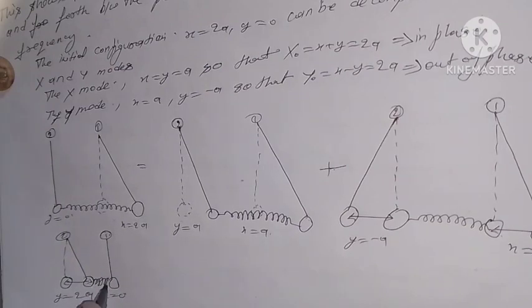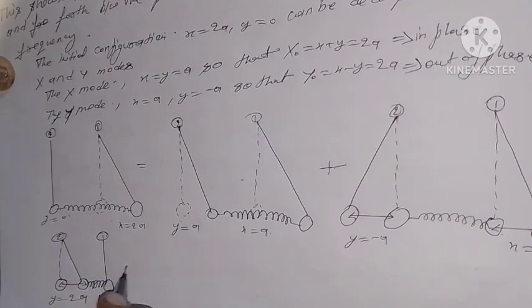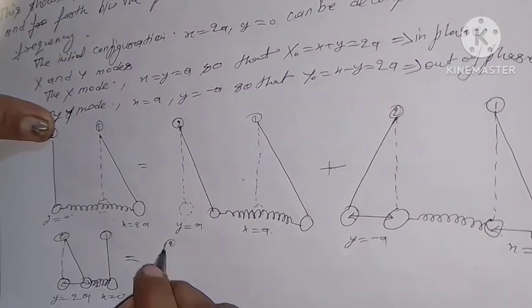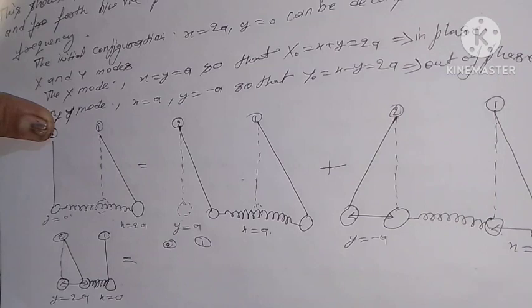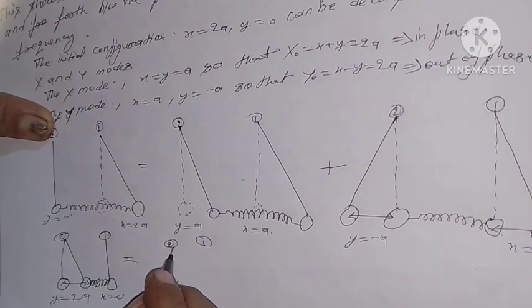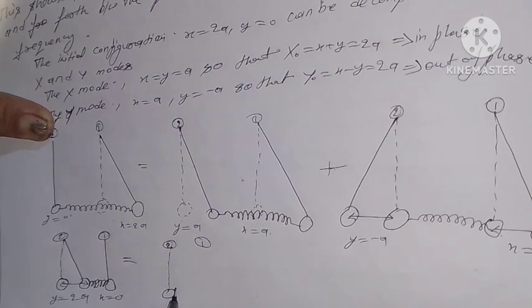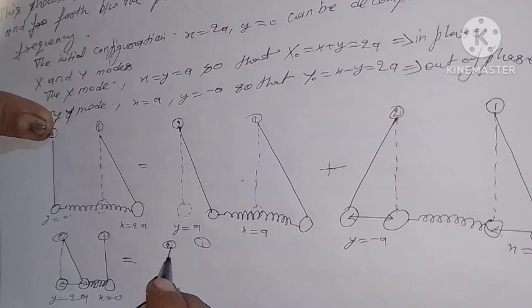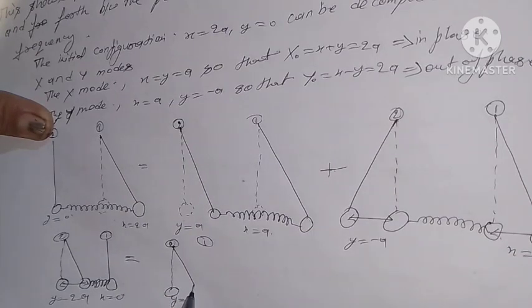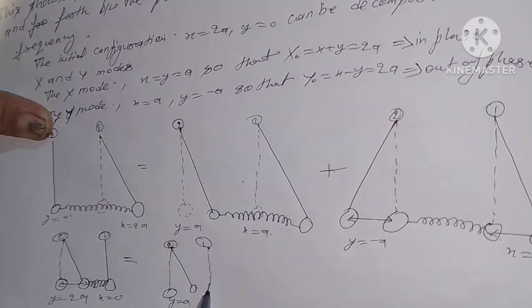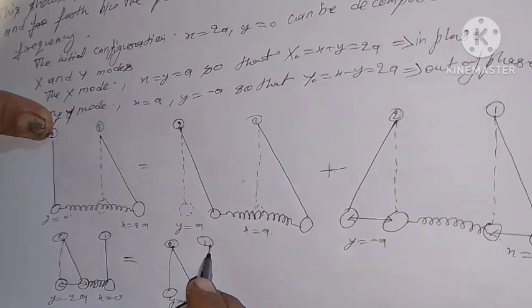Then this is the second position, first position, and this is Y equal to A, and this is the second position.